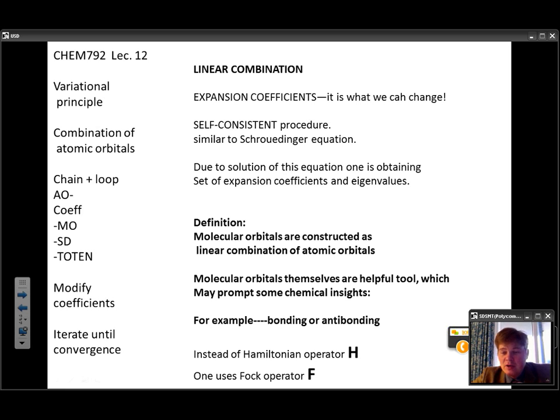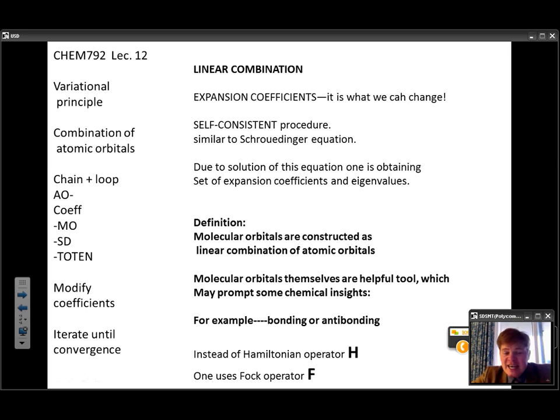For example, they look different for bound and disconnected species, they can indicate physical properties, some optical properties, some chemical properties, and they are the right tools to construct multi-electron wave functions.